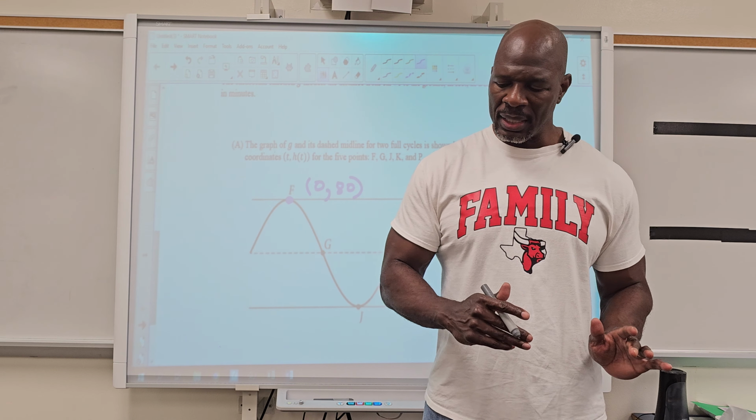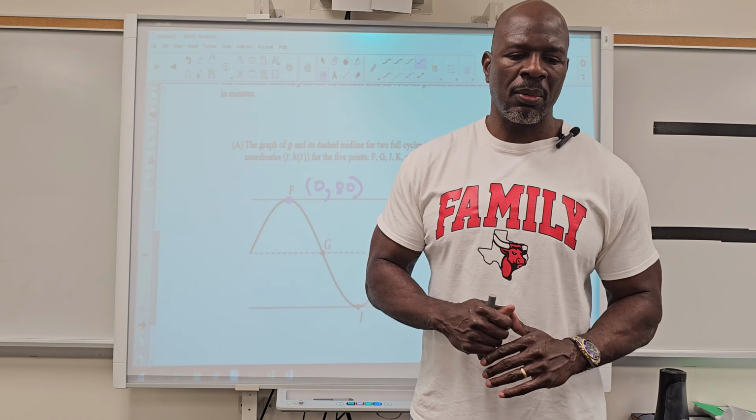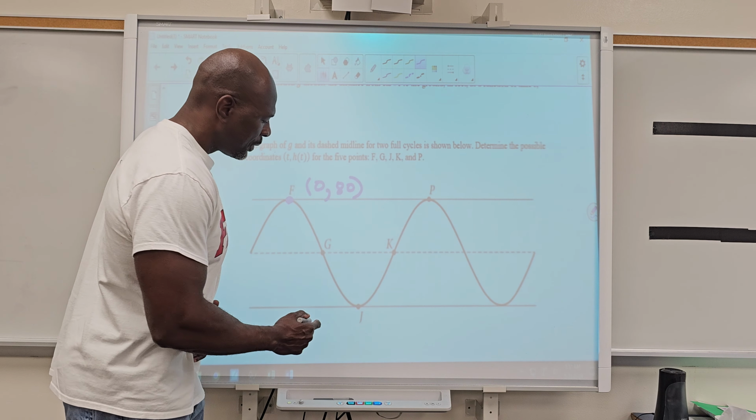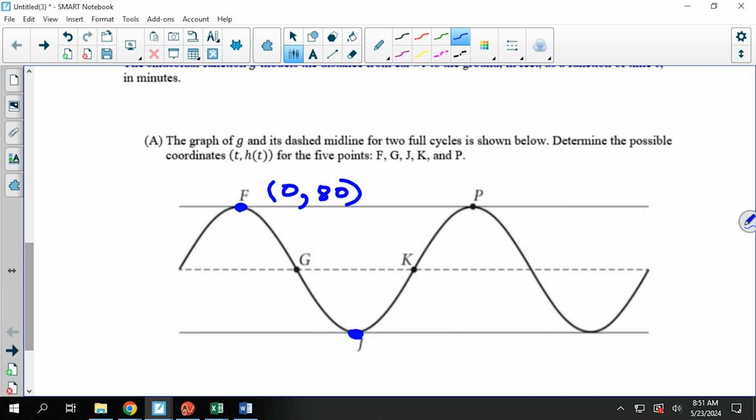Let's say hypothetically they said at time t equals 0, car number 1 was at its lowest point, which I believe the lowest point was 10. Now, a common mistake would be to come here to point J and put the coordinates of point J at 0, 10. That would be wrong. Why would that be wrong?